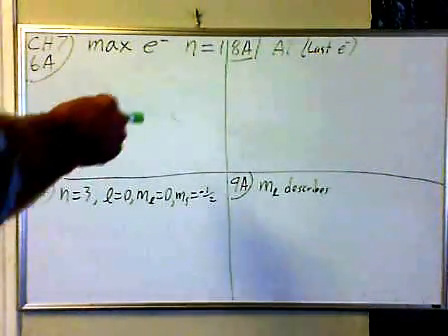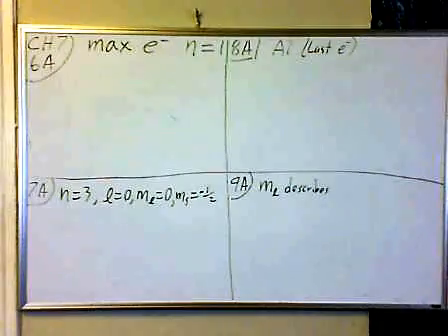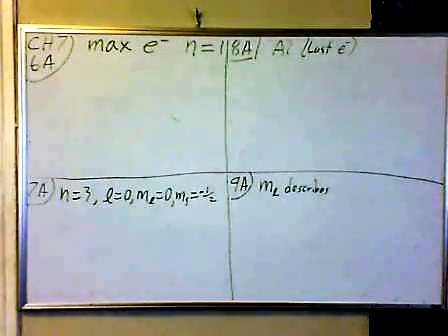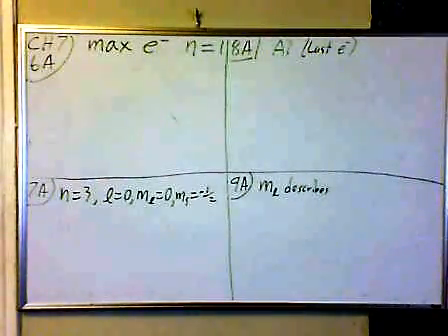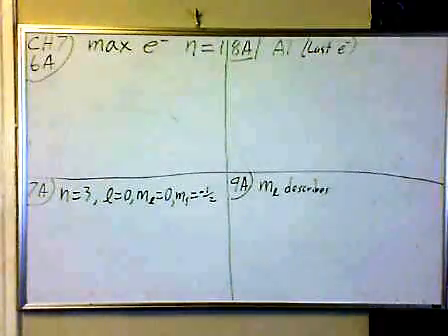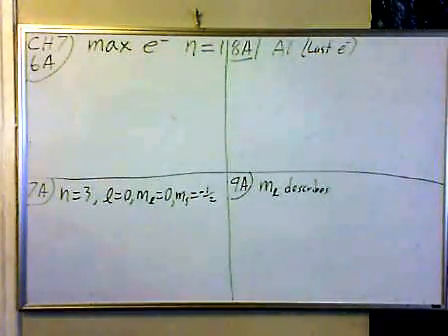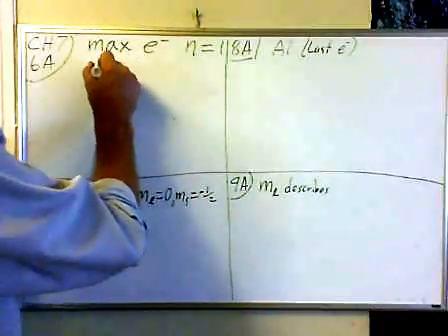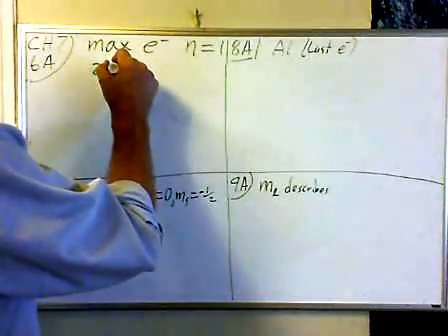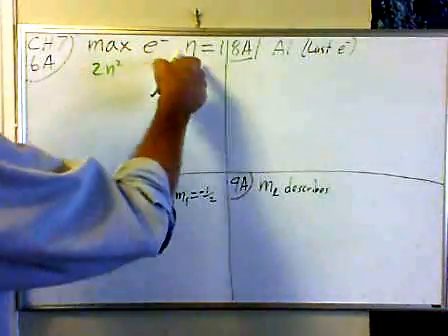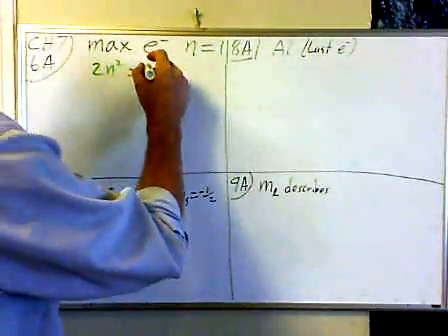So for n equals 1, the first principal energy level, what's the maximum number of electrons? There are 2 ways to answer this. Maximum number of electrons is 2n squared. We put 1 in here, and that, of course, is equal to 2.